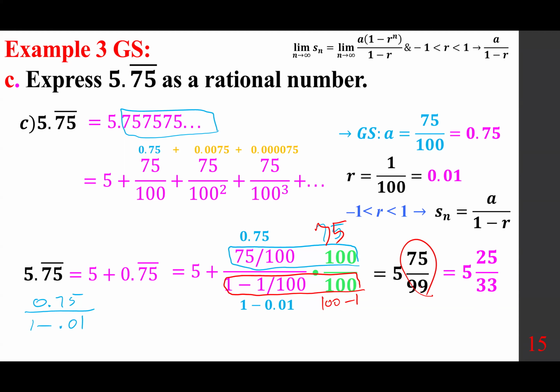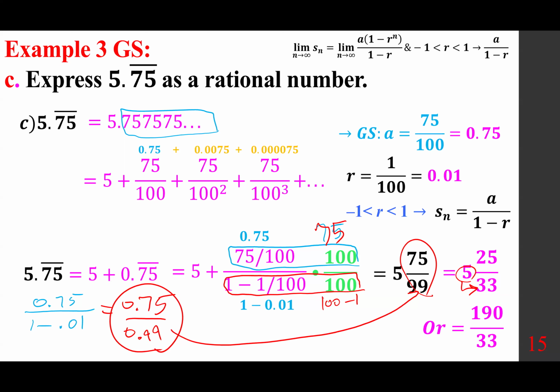They may want you to write it as an improper fraction. You have to multiply 5 by 33 and add it to 25. You get 190 over 33. However, if we go here, this is 0.75 over 0.99, and this is identical to 75 over 99.